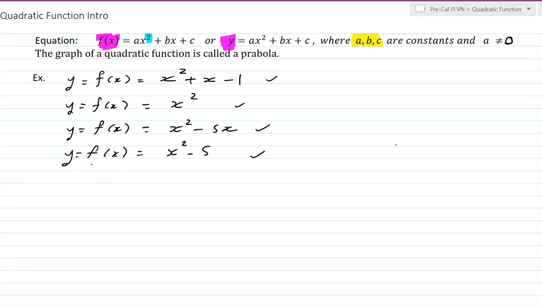All right, now examples of what is not a quadratic function. It could be written like this: square root of x squared. This x squared is the radicand of the square root. Well, that's not a quadratic function. You could have something like 1 over x squared plus 2x.